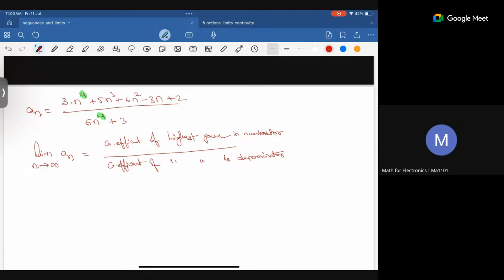You don't have to worry about what is coming later; those are all useless terms. All you have to do is take the highest power coefficient in the numerator, which is 3 here, and the highest power coefficient in the denominator, which is 6, which becomes 3 by 6. Half is the limit.